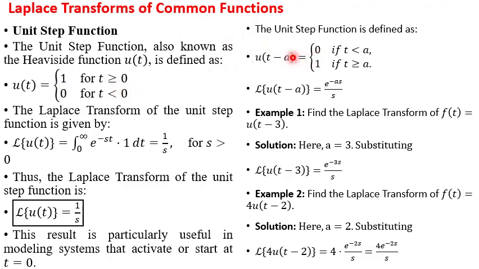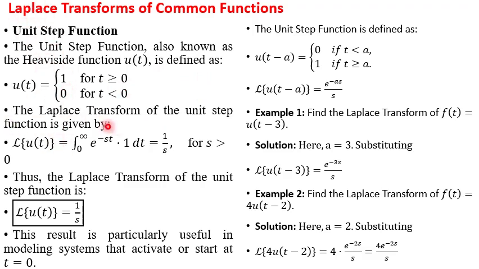And for the shifted unit step function, we have that a is not equal to 0, and that means that the function steps from 0 to 1 at t equals a. That is, it steps from 0 to 1 when t equals a. Let's just move on.